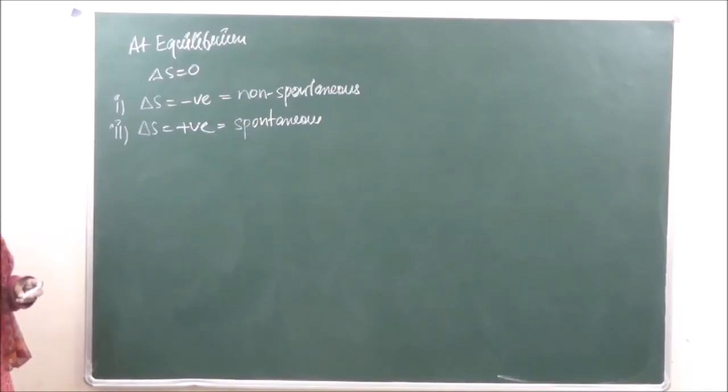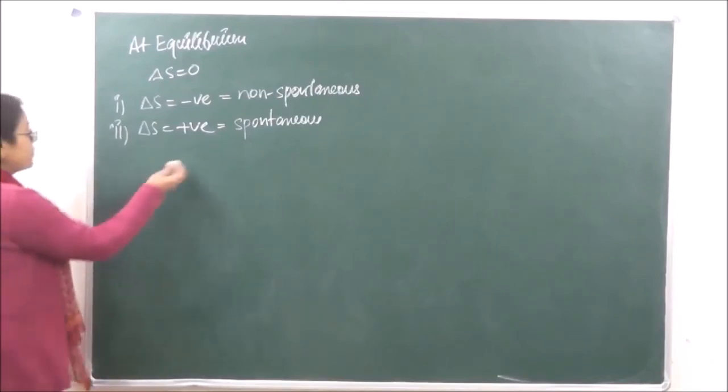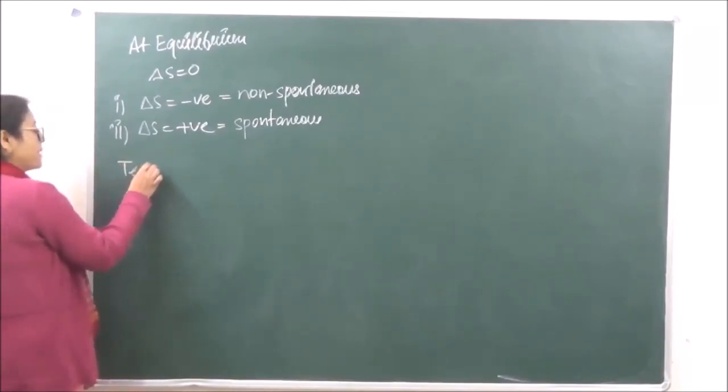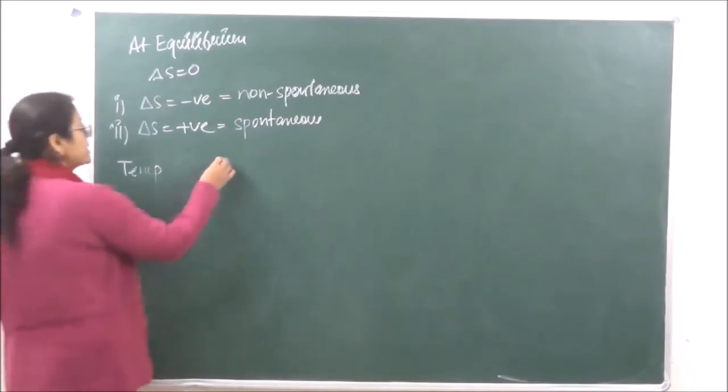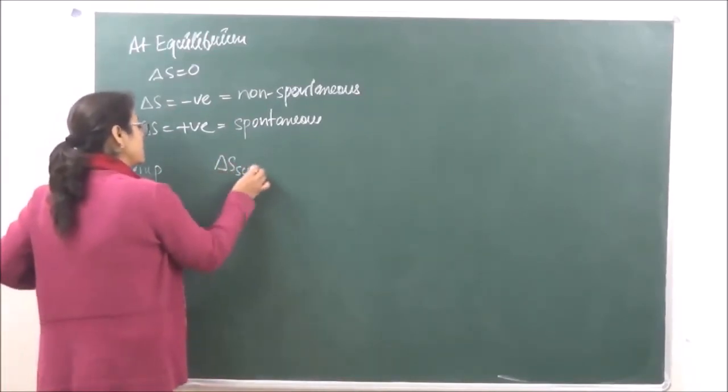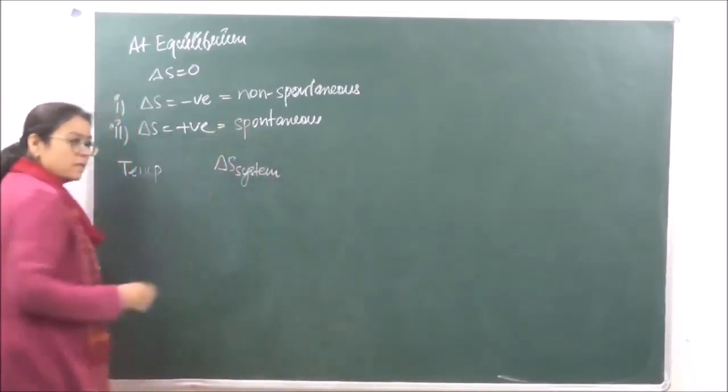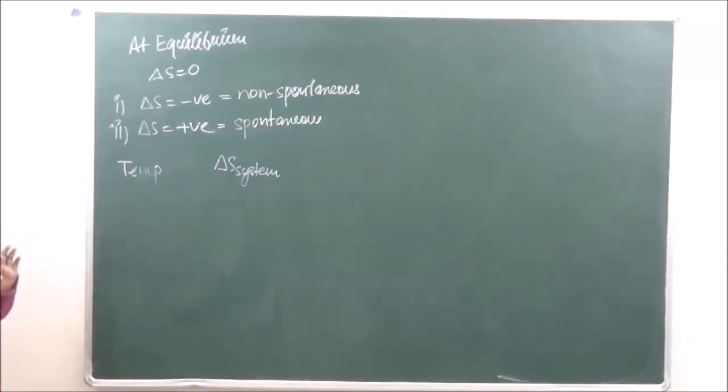So let's illustrate this by taking the example of water being converted into ice. We are taking temperature in Kelvin, then delta S of the system, and the system over here is going to be water.